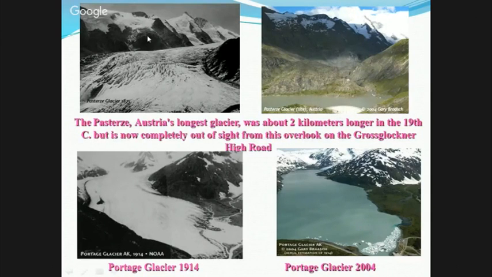Earlier it was snow, now it is a lake, a water body, in the same area. You will not find any difference. And this is in Austria. You will find that this glacier has been converted into a lake because of the rise in temperature in 2004.